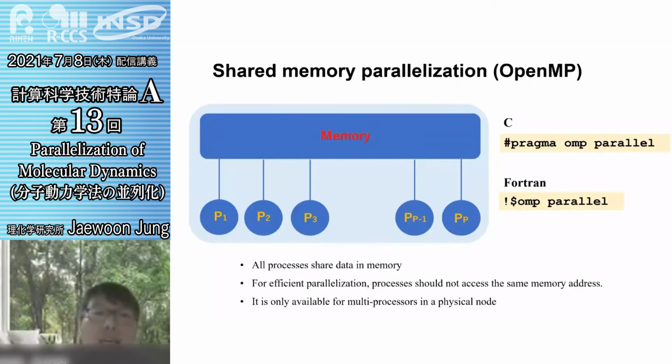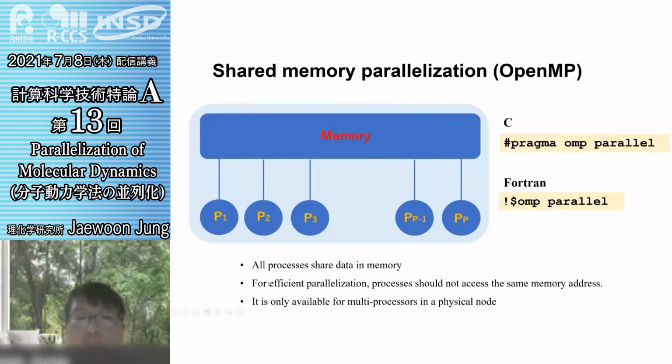In this case, every processor shares the memory. In a C or Fortran program, we can use the directive pragma omp, and then you can perform shared memory parallelization. The key point here is that all processors share the data in memory, so this processor has the information of that processor's memory.